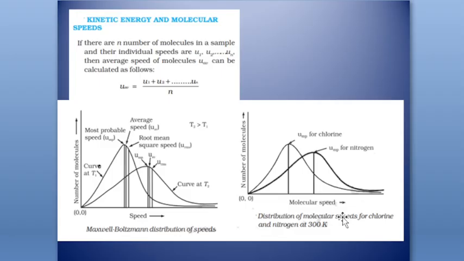So the number of molecules moving with higher speed increases with increasing temperature. This is explained with this distribution curve of the gas molecules.